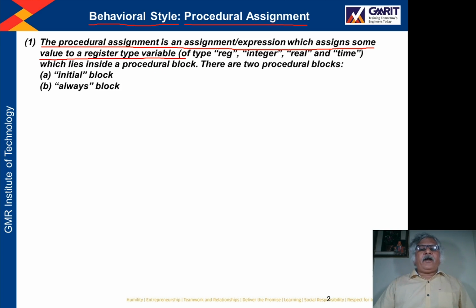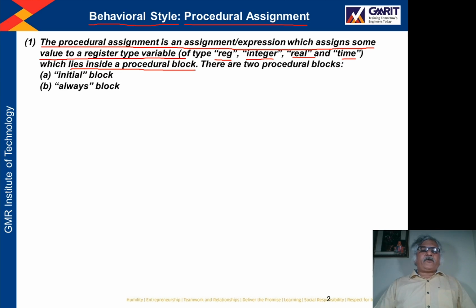So here procedural assignment means the assignment of some values or assignment of some expression to a register type variable. We already know that there are four register type variables: reg, integer, real, and time. So procedural assignment means we are assigning some value or an expression to a register type variable, and this procedural assignment lies inside a procedural block.